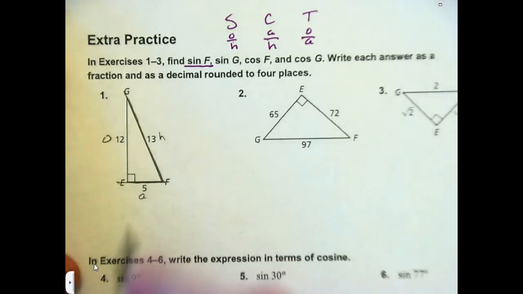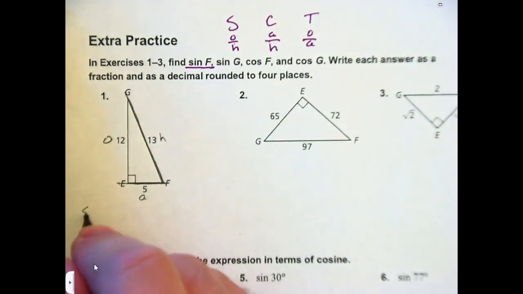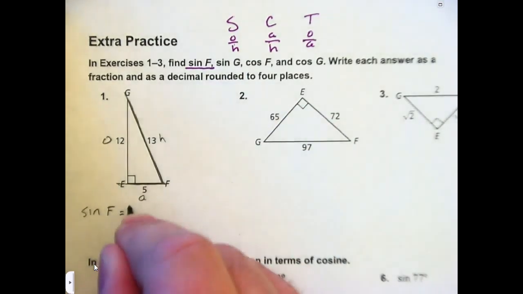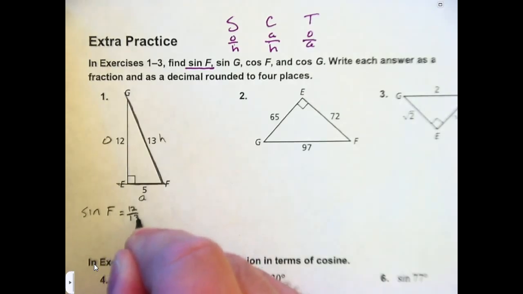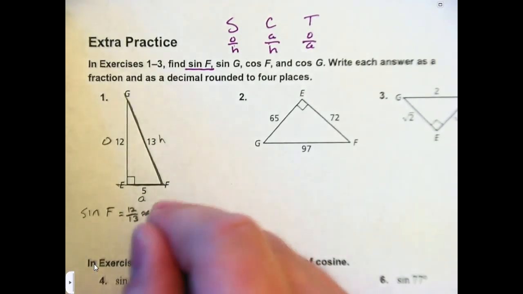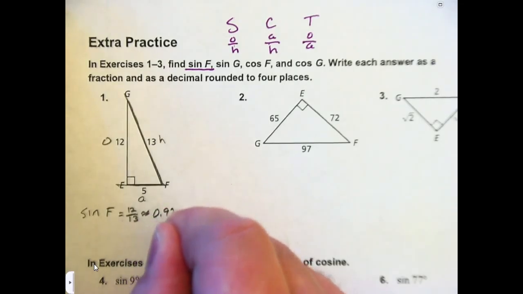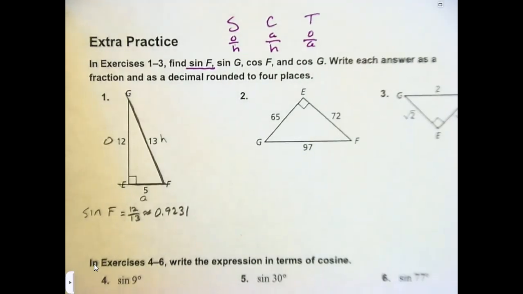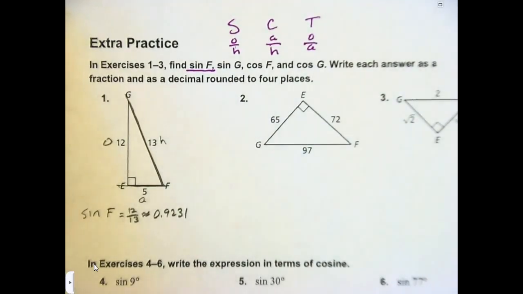That would be my adjacent. So the sine of F is going to be opposite over hypotenuse, or 12 over 13, which is approximately 0.9231. Okay. What other angle is equal to that one? Maddie?